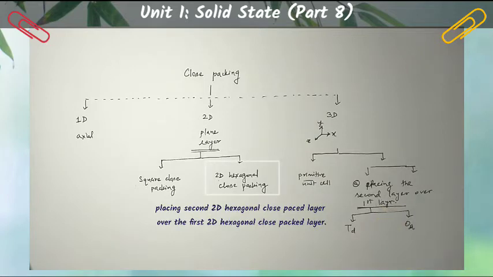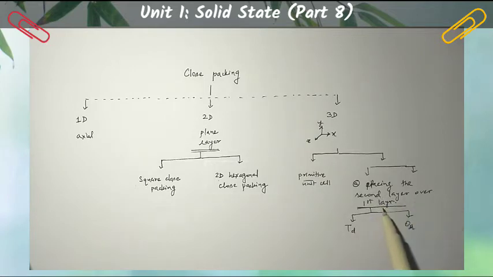But again we can place the third layer over the second layer, by covering the tetrahedral void. That means we place the third layer in such a way that the spheres of the third layer will be on the top of that tetrahedral void in one case, and in the second case we place the spheres of the third layer covering the octahedral void.